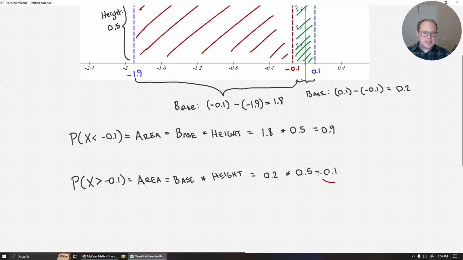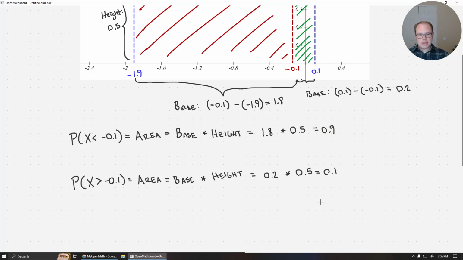Okay, which means there's a 10% chance for when I perform this experiment that the outcome would be bigger than negative 0.1, right? Notice that together, if I add these two together, 0.9 plus 0.1, that gives me 1, or 100%.